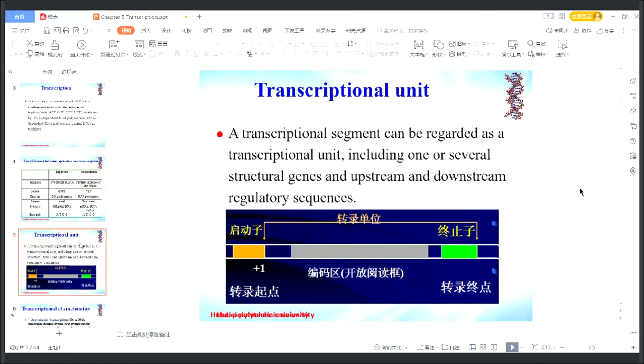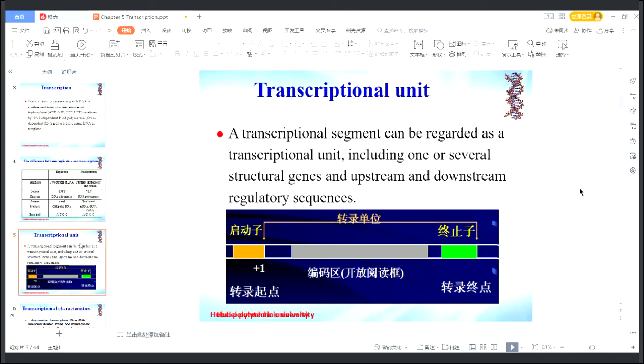We studied the definition of the gene. I explained for all of you: one gene equals the regulatory sequence added to the structure gene.